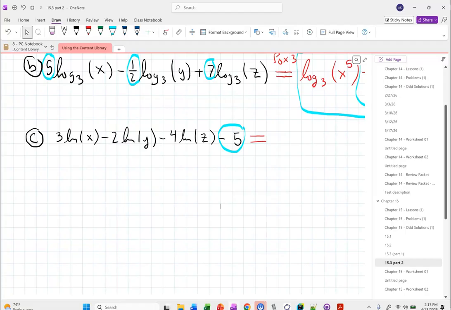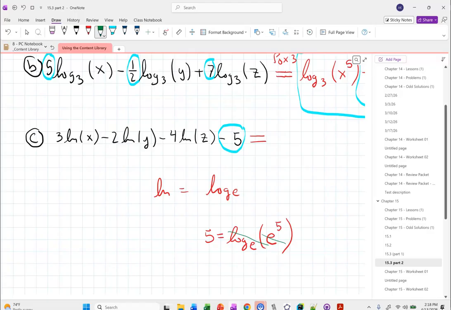Yes, it's E. So ln is log base E. So 5 then is going to be the same thing as log base E of E to the 5th, because I know that log base E would cancel with exponent base E, and we'd have just 5 is equal to 5, right?